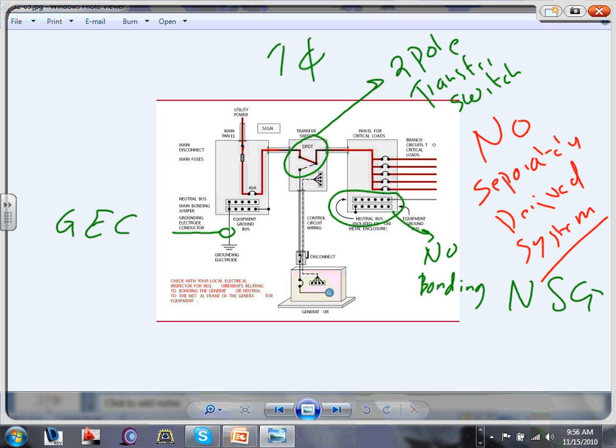If it was a separately derived system, I would have to bring a grounding electrode conductor from here down to Mother Earth, and you have to bond here. Can you see how the neutral and the ground are bonded at the service? That you must do. But here, no, because it's a non-separately derived system.